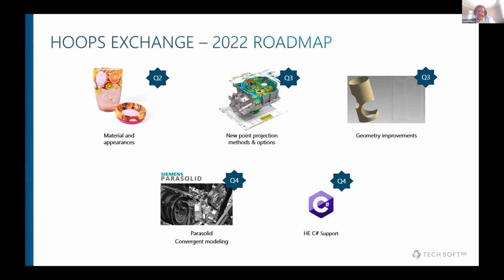So we now see several CAD packages that are Parasolid based and that are leveraging the convergent modeling capabilities. For us, it means that we will have to work on our CAD readers, Siemens NX and SolidWorks, and also on our OOPS Exchange Parasolid bridge to properly support these new types of objects.